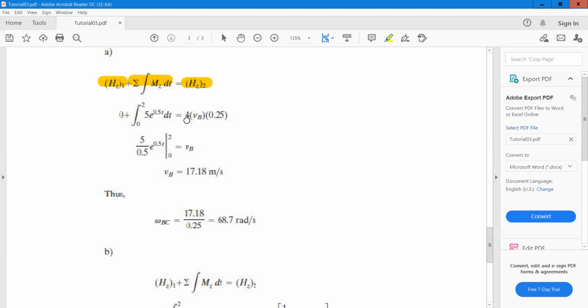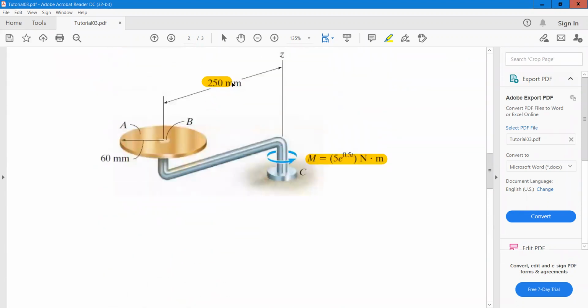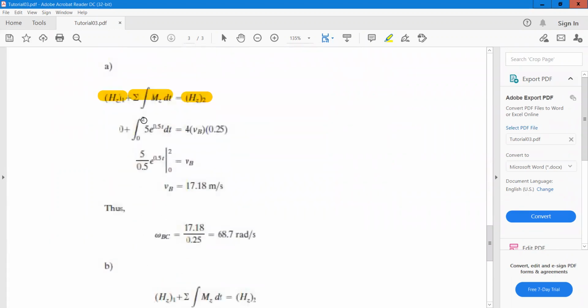The final angular momentum is equal to mass times the velocity times the length of the arm, which here is 250 millimeter or 0.25. And as I told you, you can consider the disk as a particle. So we will have the integral of 5 exponential half t from 0 to 2 is equal to 4 times VB times 0.25.